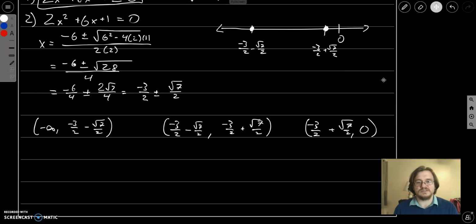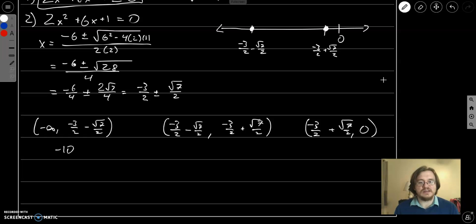So we'll just pick a point in between each one of these and test it. So for instance, here, if we want to pick a number that's less than this, negative 3 halves is about negative 1.5. Negative square root of 7 over 2 is about negative 1.5. So a number that's less than this would be maybe negative 10.